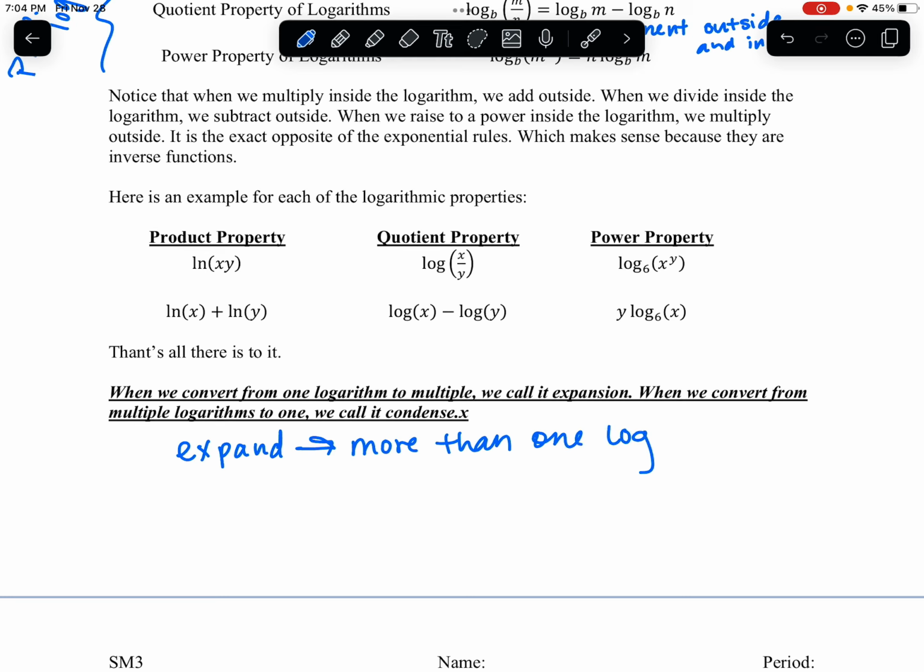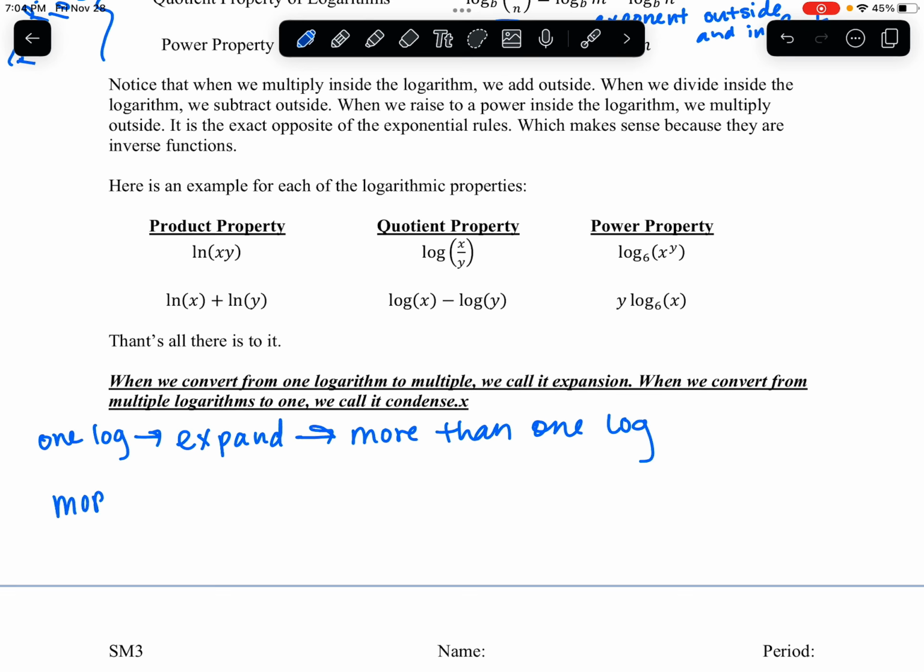So we're going from one log to more than one log. In condensing, we have more than one, then we condense, and we make it one log.